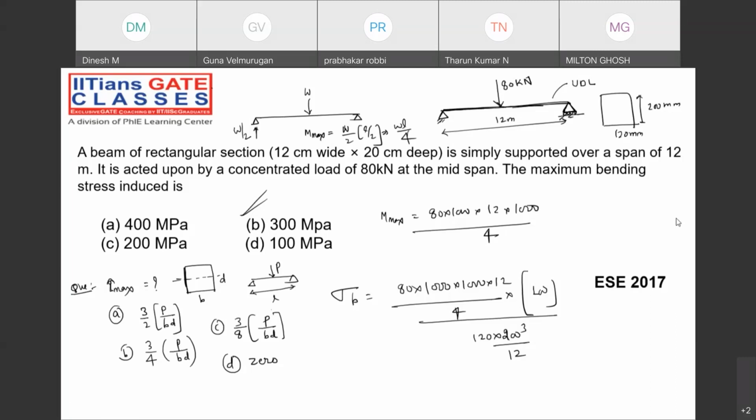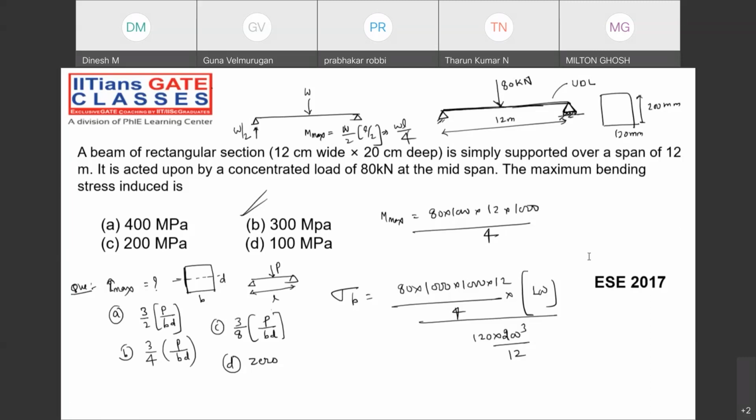So A is correct, right? All of you please check it out, whether A, B, C, D. Possibilities can be anything. But I need the answer from all of you guys. Do not keep silent.